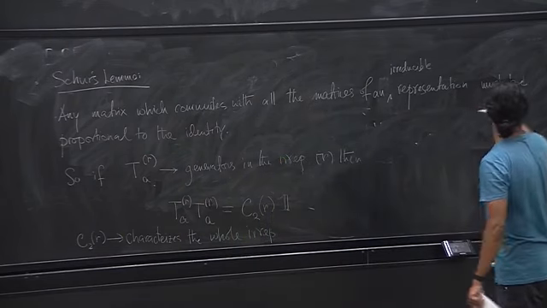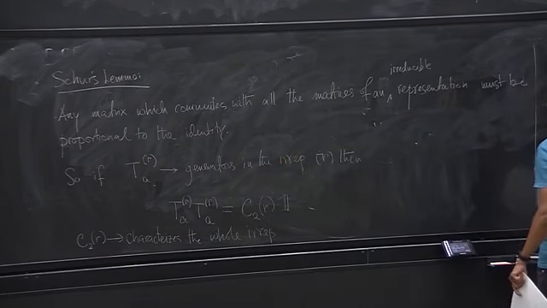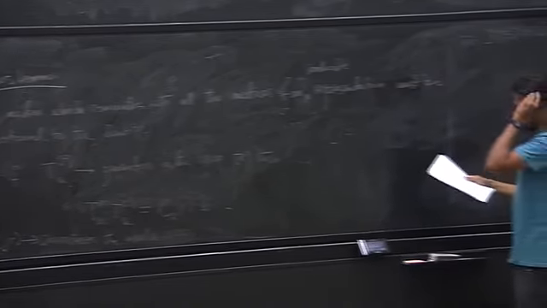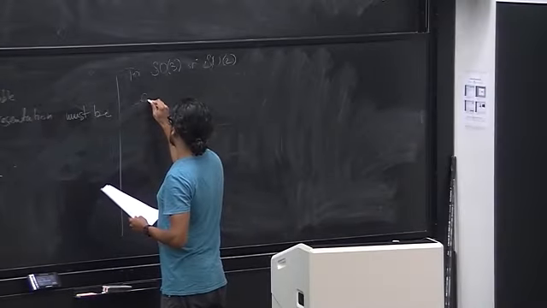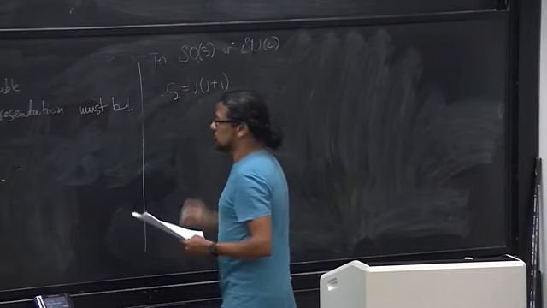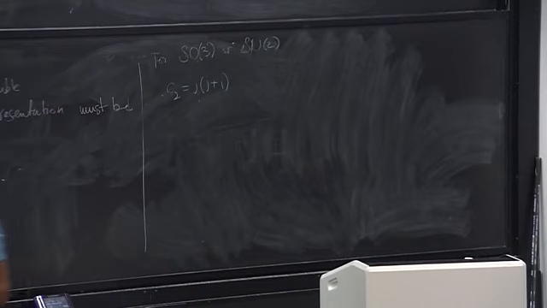So for SO3 or SU2, you know from quantum mechanics, C2 is the total angular momentum squared, eigenvalue of the total angular momentum squared operator, right?